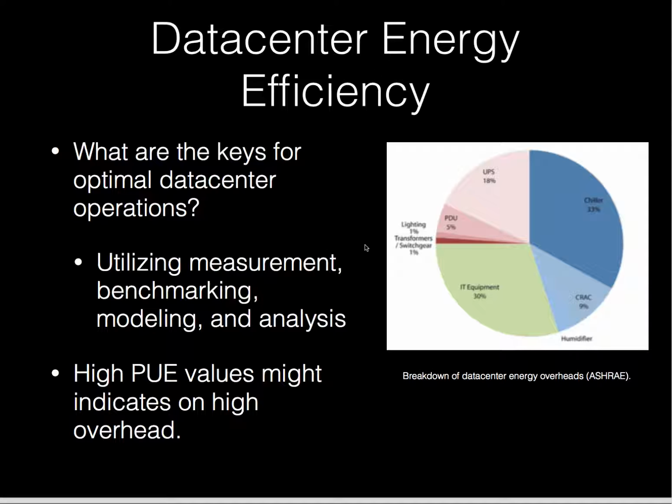And I think you should know by now what PDU means. And then you have the lighting, the transformers, the switchgear, the cooling, the CRAC, and the rest of the IT equipment itself, the compute resource.